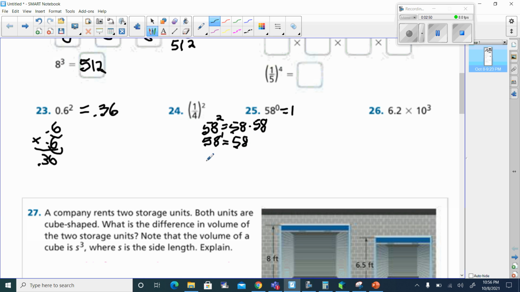So when we have 58 to the 0 power, we're actually taking 58 divided by 58. You see how it starts going backwards? We're multiplying, now we're dividing. So that's going to equal 1.